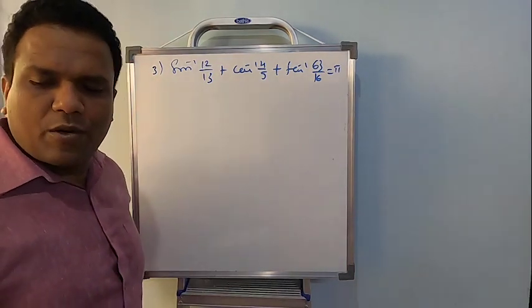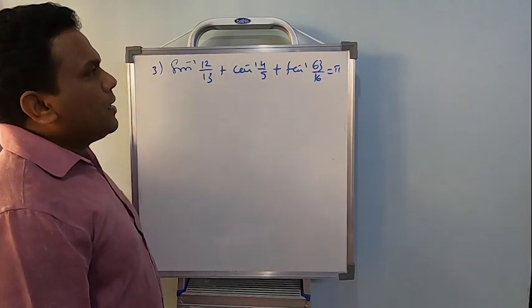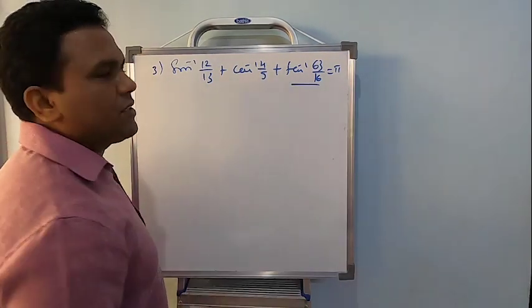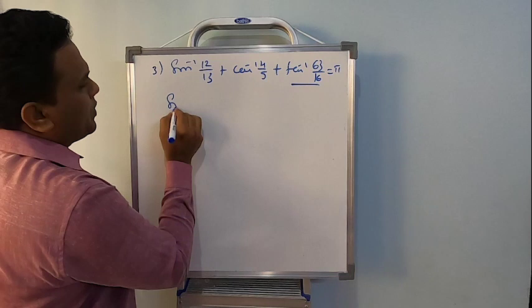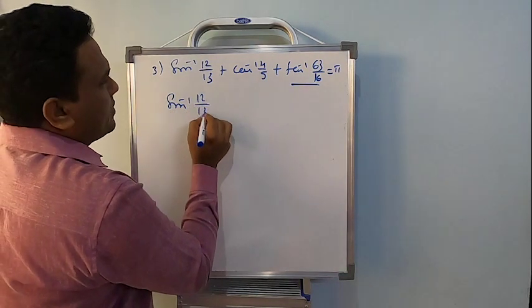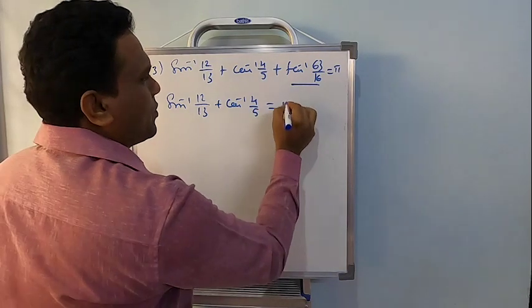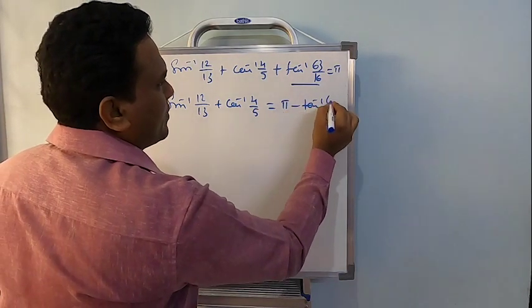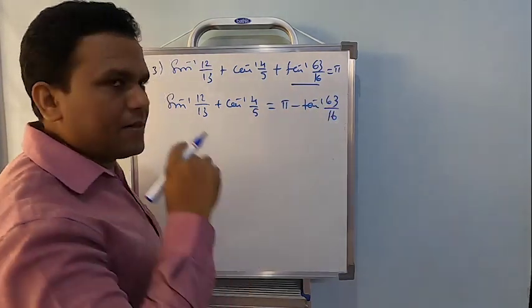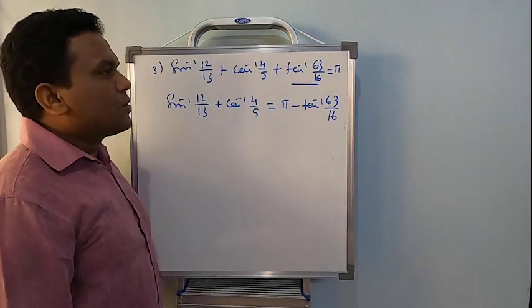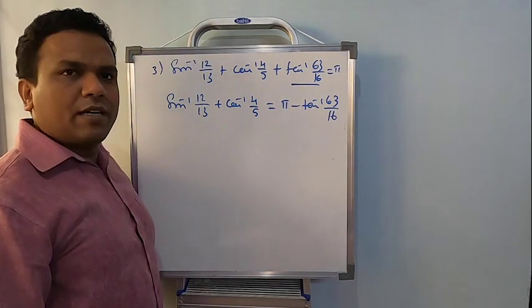So how to solve this problem? What I will do here, first I will shift this to the right side and let us see. Sin inverse 12 by 13 plus cos inverse 4 by 5 is equal to pi minus tan inverse 63 by 16. That's fine.